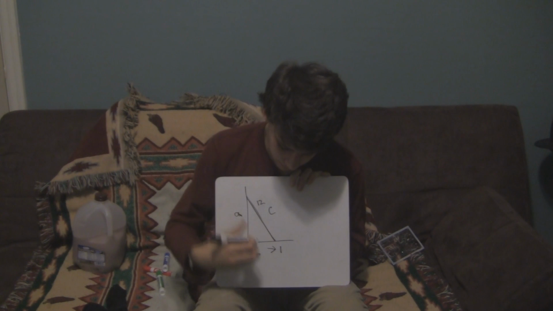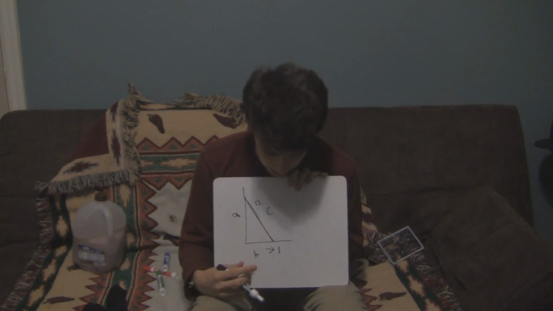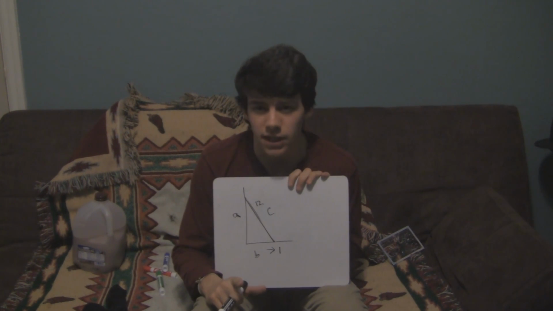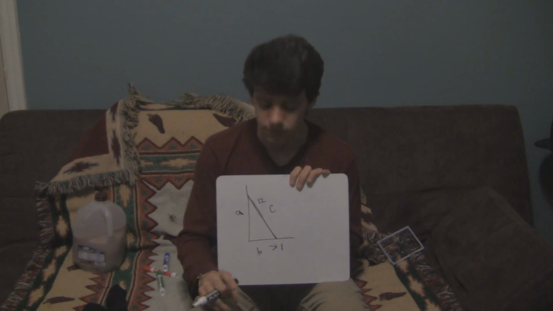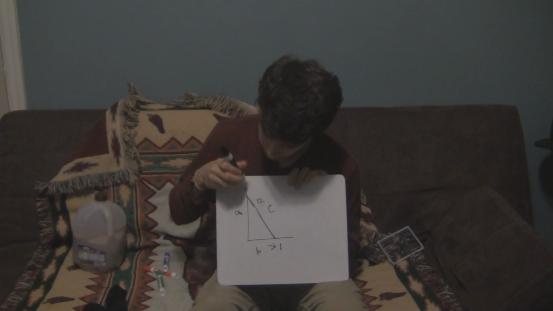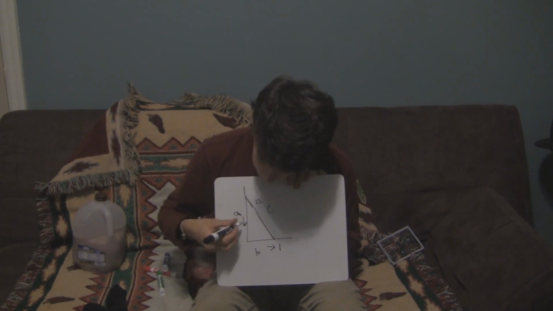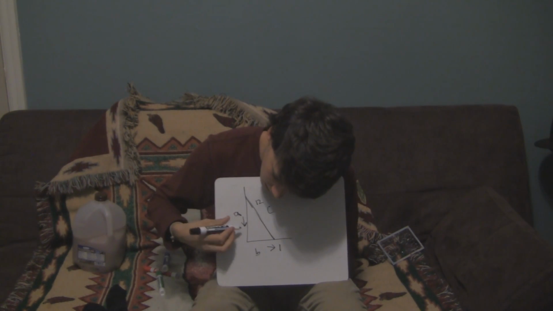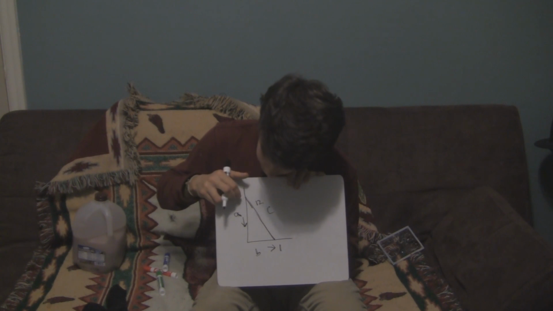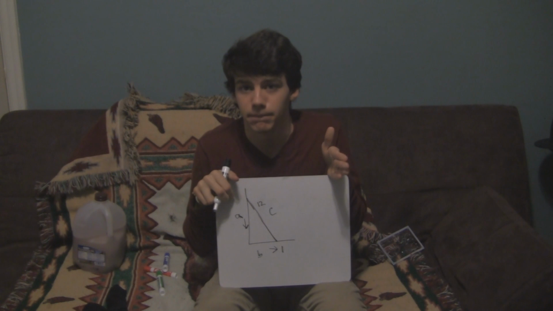And let's say this point right here is moving that way at 1 whatever per second. Since this is going to stay 12, this point right here is going to fall at a certain whatever per second. So let's say you want to know how fast this is falling down at any certain point in time.